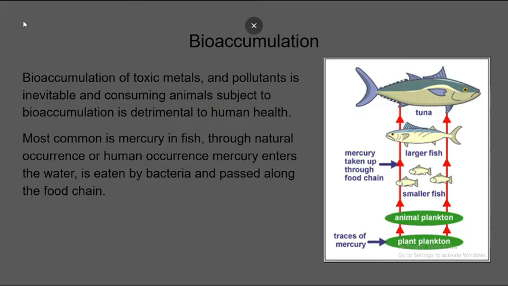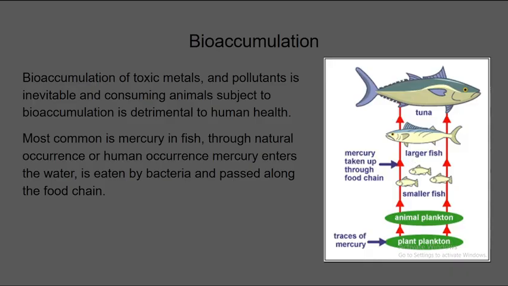So another topic with heavy metals is bioaccumulation. What that basically is: mercury is soluble in water. Bacteria in the water will actually take the mercury and absorb it, and then larger organisms like animal plankton eat that, and then small fish will eat that plankton, and the mercury will be carried into the smaller fish.